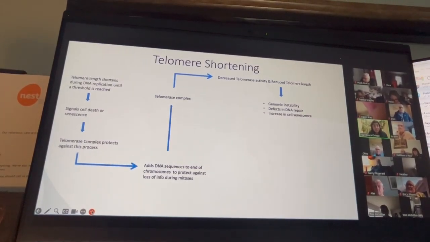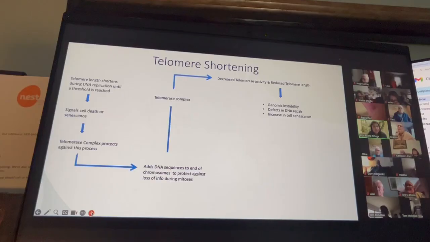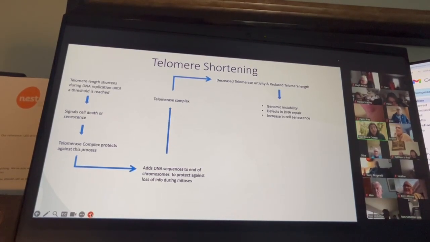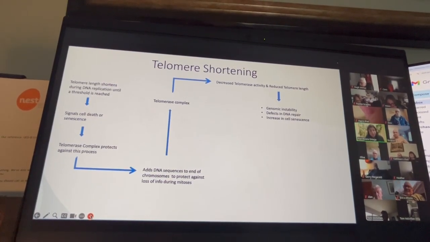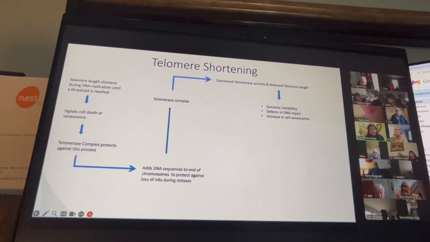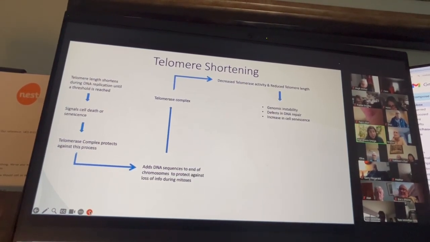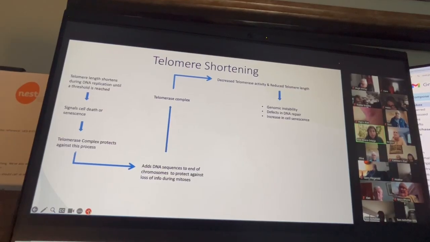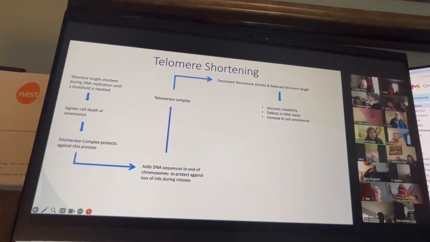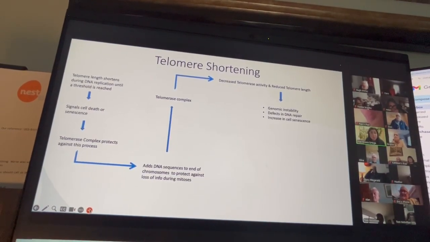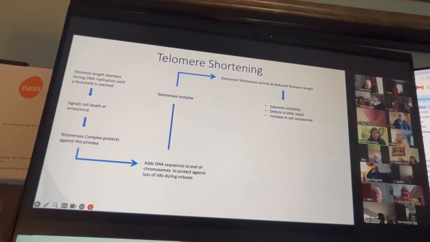That causes our genome to become unstable. We have defects in DNA repair, and senescence, where the cells become very aged, is increased. All of this sounds more or less like common sense, but what exactly does it mean for our patients, clinically?